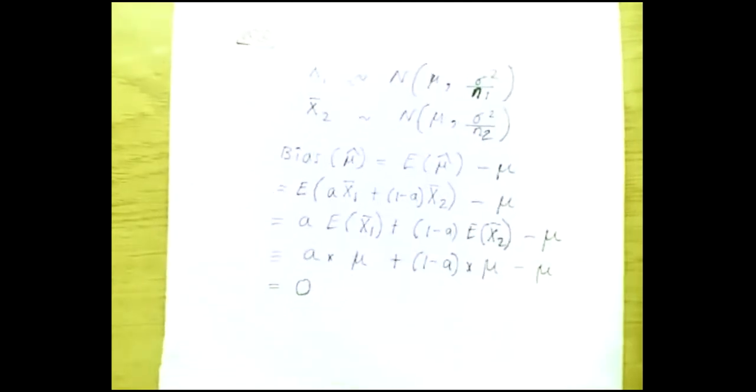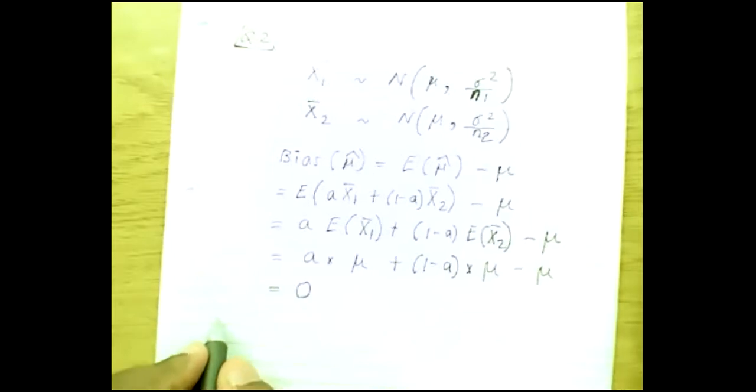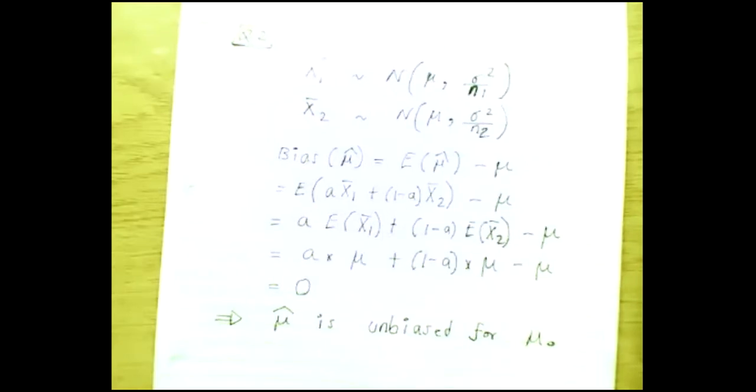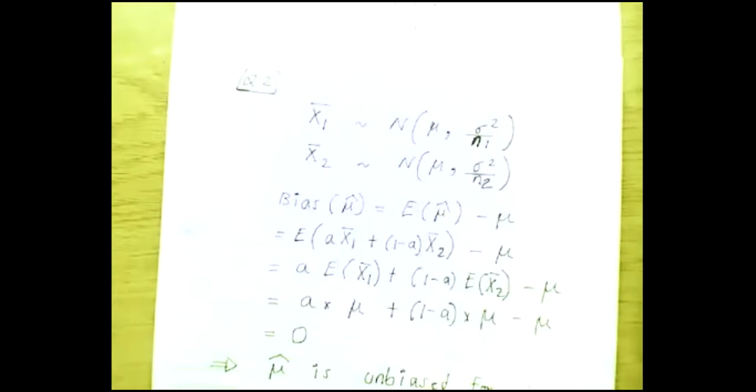So hence, what we have shown is that mu hat is unbiased for mu. Is this clear to you or no?